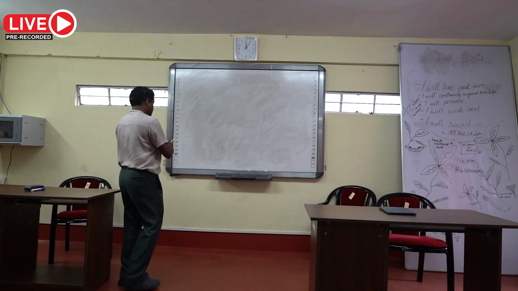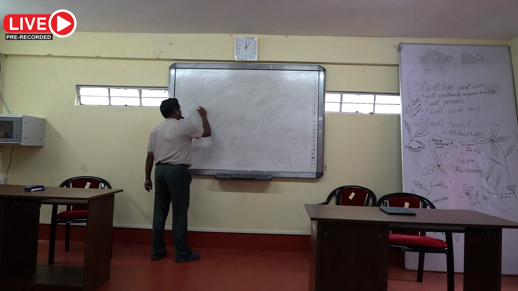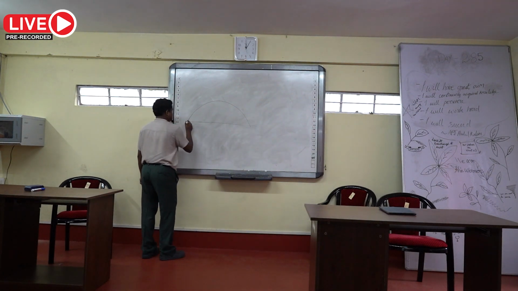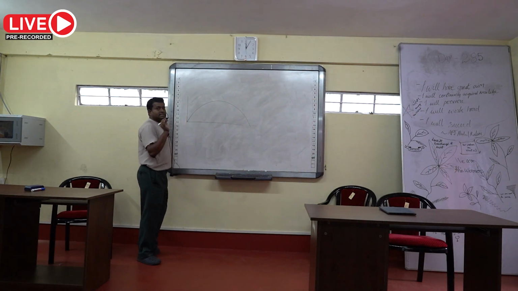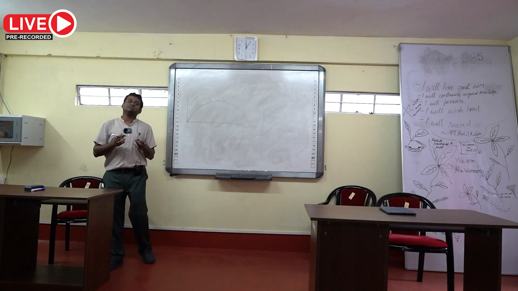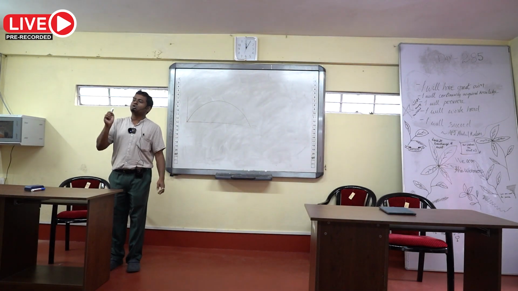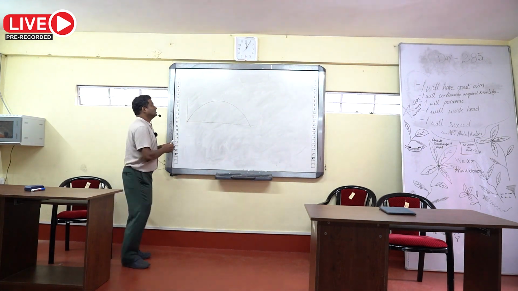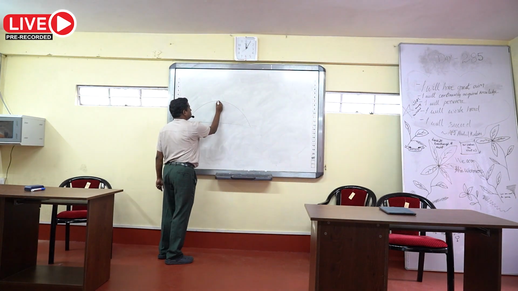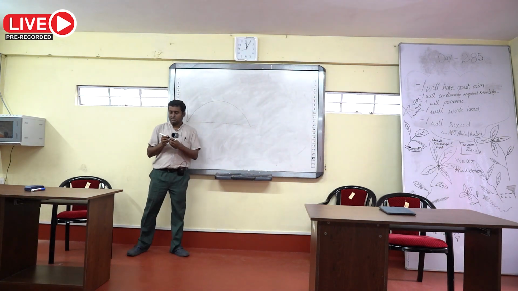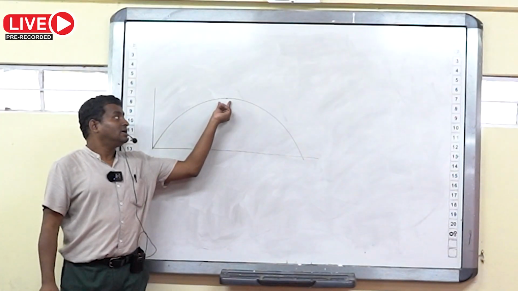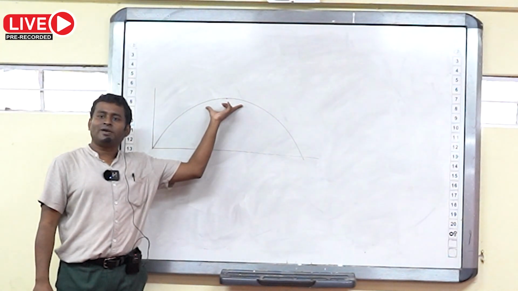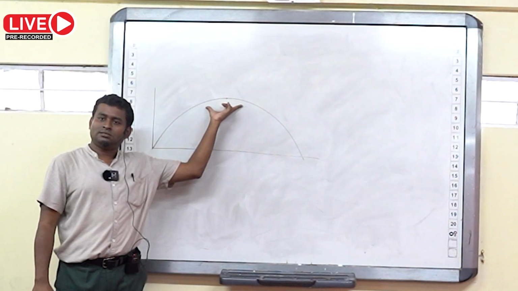Then how? This one is the projectile. Suppose it is said to calculate the radius of curvature near the topmost point, means this point. Now think of it, if you consider this part, it is a part of a parabola.